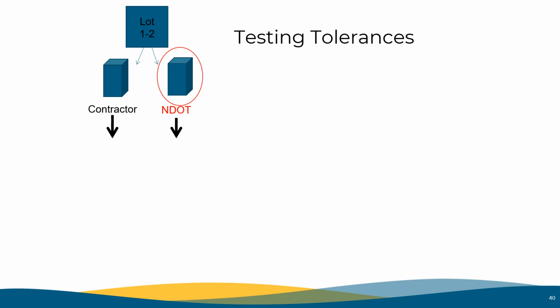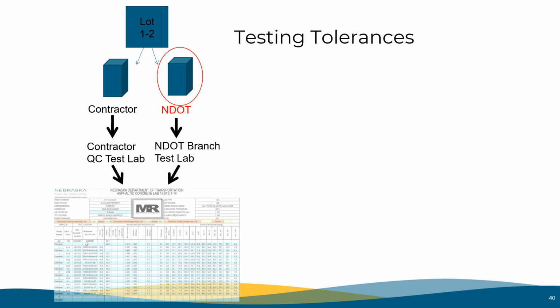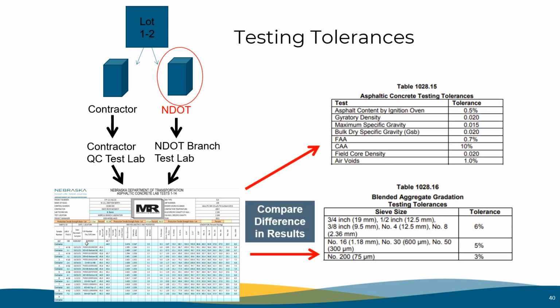The contractor will test their half and put the results on their SuperPave software. The NDOT lab will test their half. The contractor's results and the NDOT's results are put into the NDOT lab test report sheet, and the results are reviewed to see that they meet allowable testing tolerances for all tests performed. The production tolerances and correlation tolerances will be reviewed for acceptance.